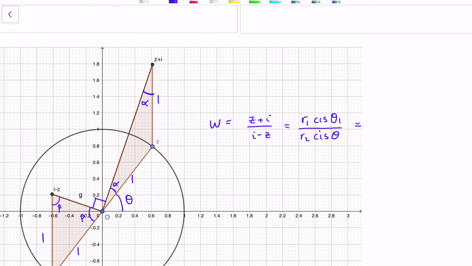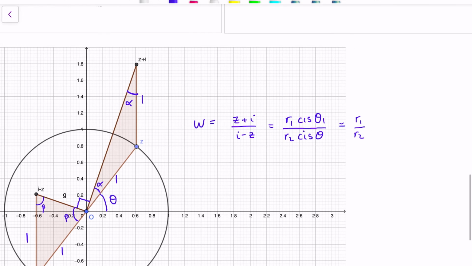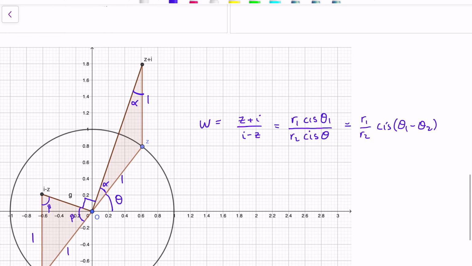And when we divide complex numbers in polar form, we divide the moduli and we subtract the arguments. So theta 1, which is the argument of the first complex number, in my diagram that's this angle alpha plus theta, that's the new modulus.